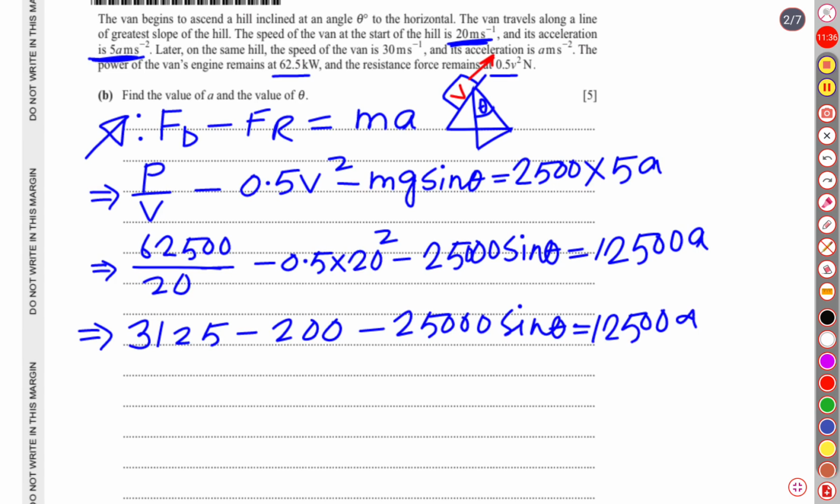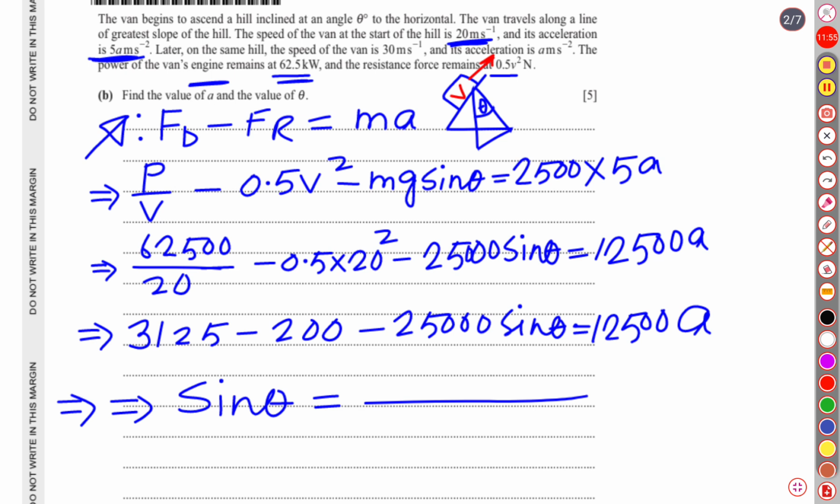If we isolate sine theta, we can form an equation. Remember, as there are two values to be obtained, there must be two simultaneous equations. Sine theta is going to be 2925 minus 12,500 a, all over 25,000.